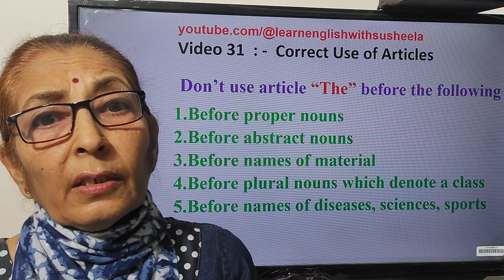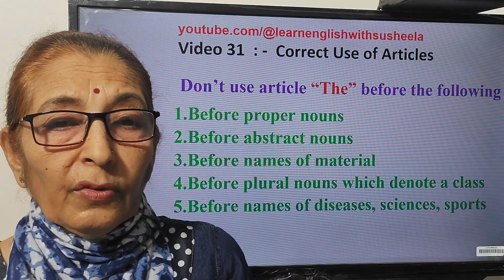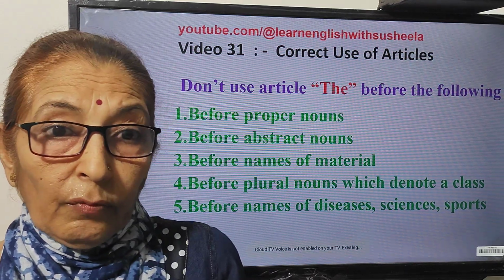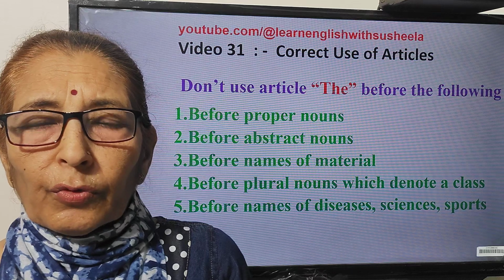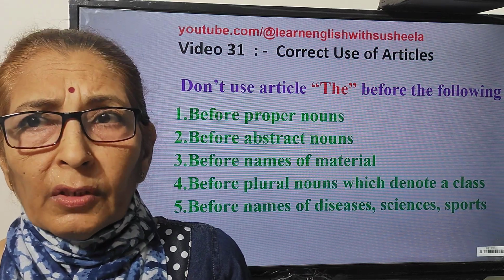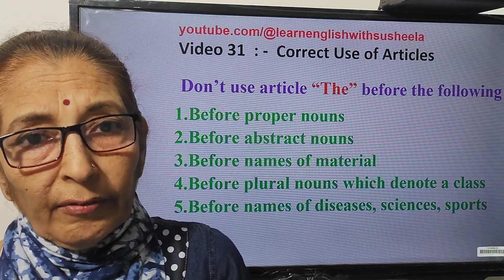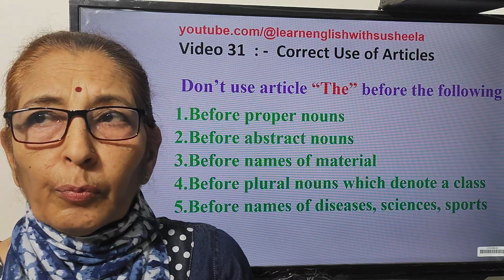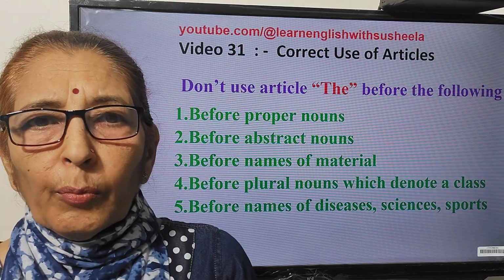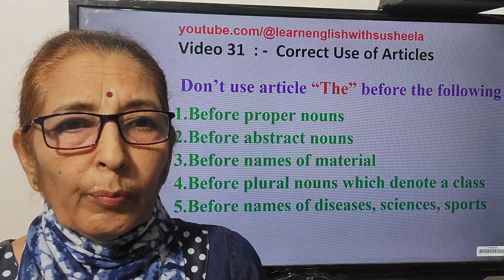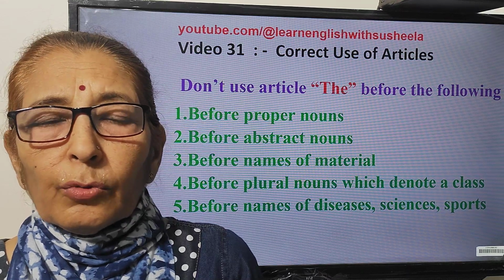Now the question is where we are not to use the, because sometimes you are confused where we should use it and where we should not use it. We should not use the before proper nouns. Never use the before proper nouns like Delhi, Mumbai, or the name of a person, Rajiv, Ritu.